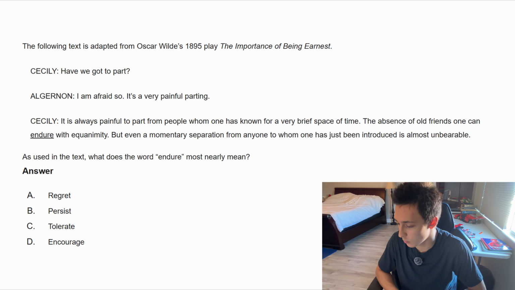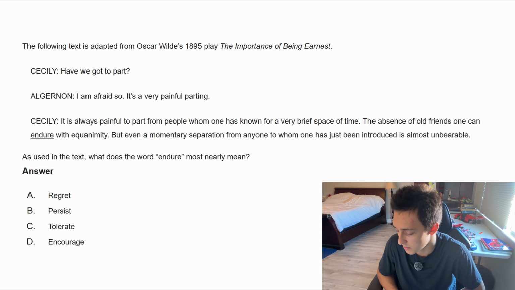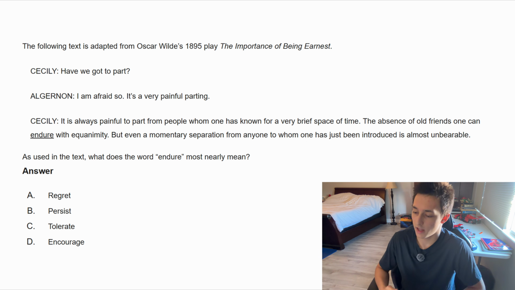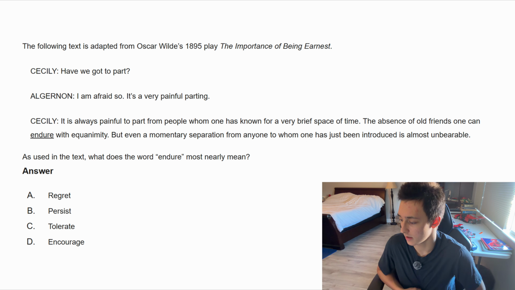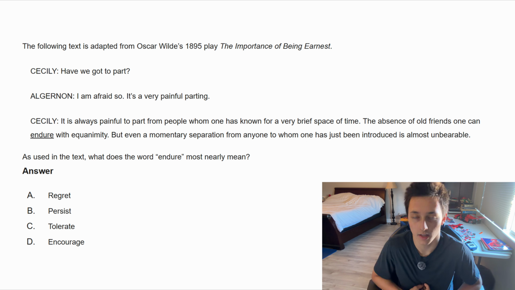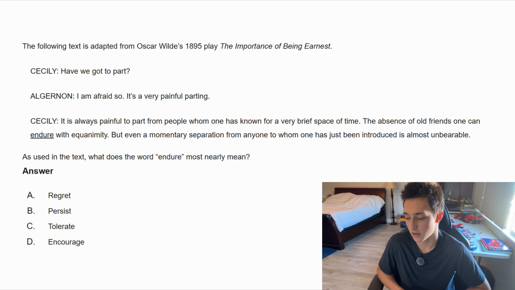But yeah, what does the word endure most nearly mean? Here I'm thinking endure basically just means like one can bear this pain with equanimity. I'm saying bear this pain, like forever. And so that's my solution, bear this pain. When we look at the answer choices, regret, that doesn't make sense.